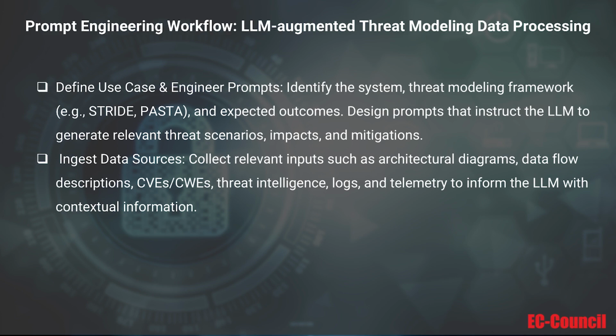The fifth module, data for LLM-augmented threat modeling. An LLM-augmented threat model is only as good as the data. So we'll focus on how to prepare the data and the sources, for example, managing properly the threat model from the perspective of threat intelligence feeds, vulnerability feeds, CVEs, and logs.